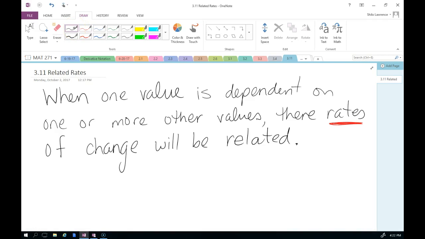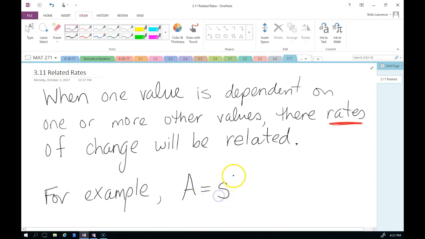So one example just to consider, like the area of a square. The formula for area of a square is just side squared, because the two sides of a square have the same length.